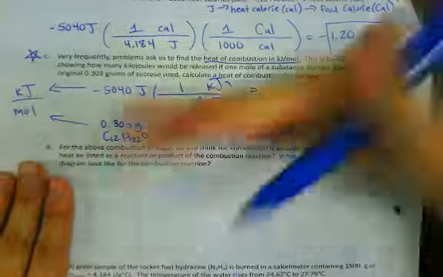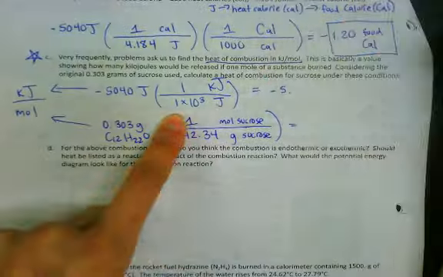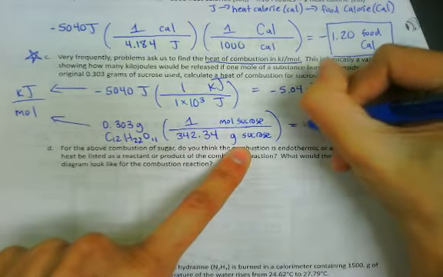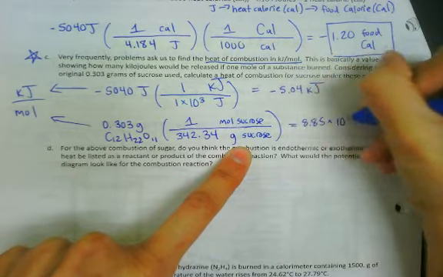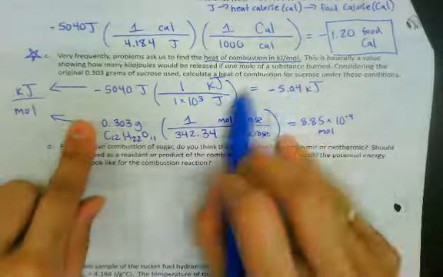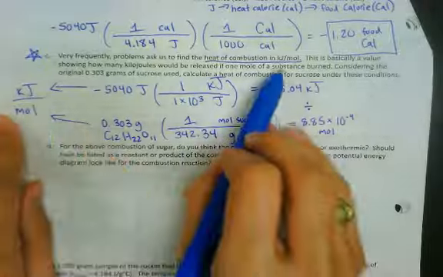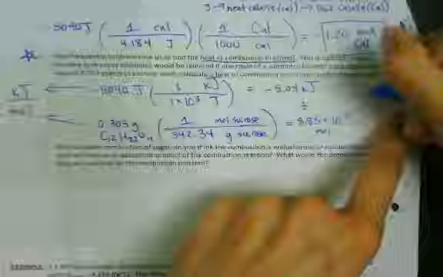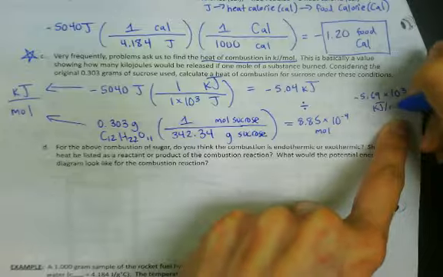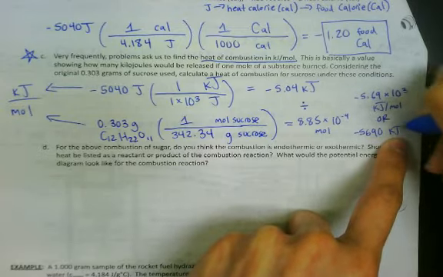For the sake of time, I'm just going to calculate what I had calculated last period for my previous class. So you should get negative 5.04 kilojoules. And for this one, you should get 8.85 times 10 to the negative 4 moles. If you divide this number of kilojoules by this number of moles, remember kilojoules per mole, you will get negative 5.69 times 10 to the 3 kilojoules per mole, or negative 5,690 kilojoules per mole.